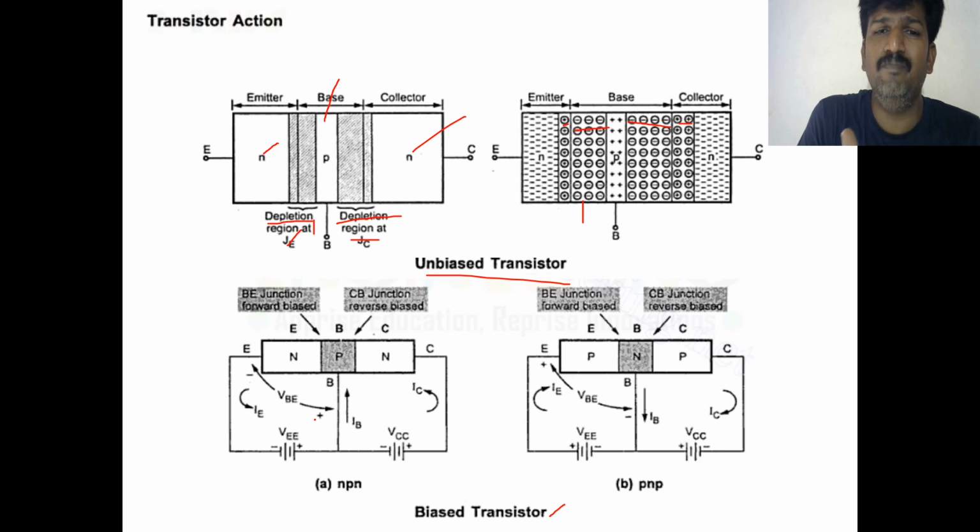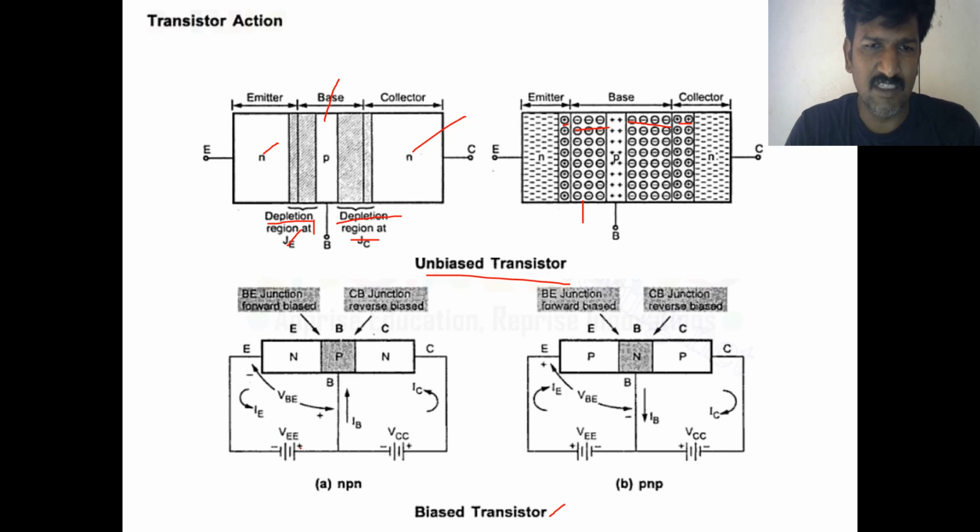We have to make that happen. How? By applying the proper polarity voltages, to make the emitter to base junction always forward biased and the collector to base junction always reverse biased. Just look at this arrow mark.